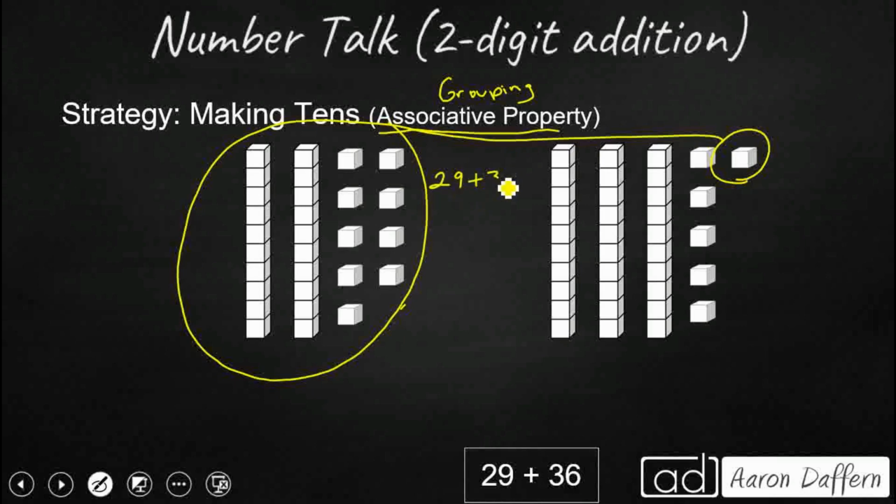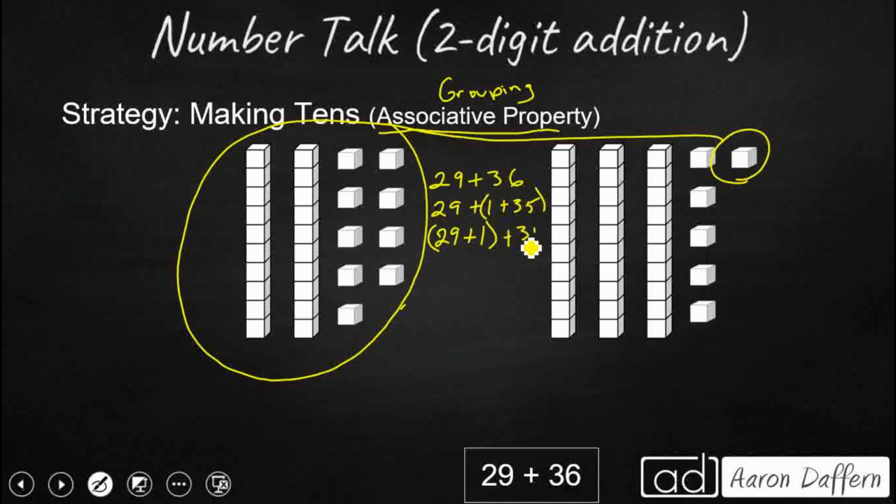So my 29 plus 36 is going to change. I'm going to keep my 29, but I'm going to take my 36 and get that one that I need first, because that's going to help me get that 29 up to 30. And then whatever's left, well, that's 35. So my 36 just changed to 1 plus 35. What the associative property lets me do is regroup them so I can add my 29 and 1 first.